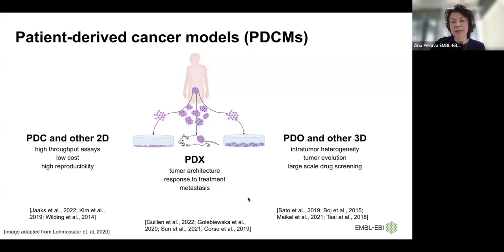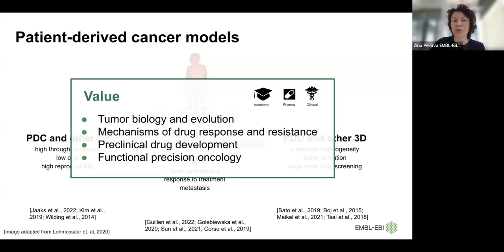All these models have their own advantages, and they bring tremendous value as they allow us to study tumor biology and evolution, mechanisms of drug response and resistance, and preclinical drug development. They're a powerful platform for functional precision oncology in academic, pharma, and clinical contexts.